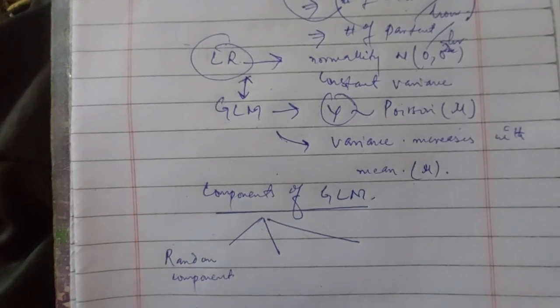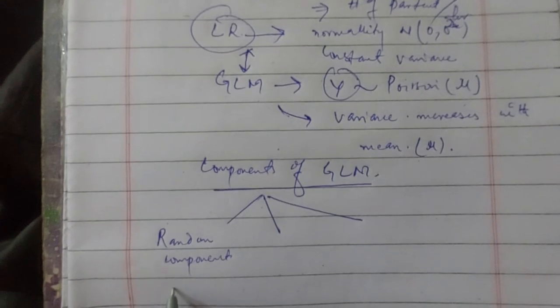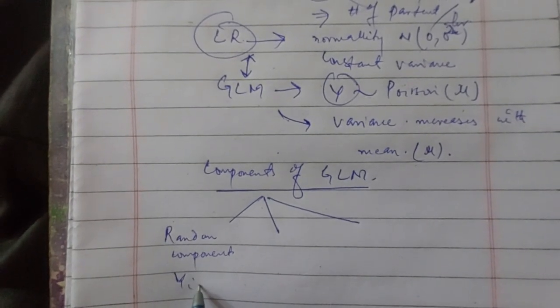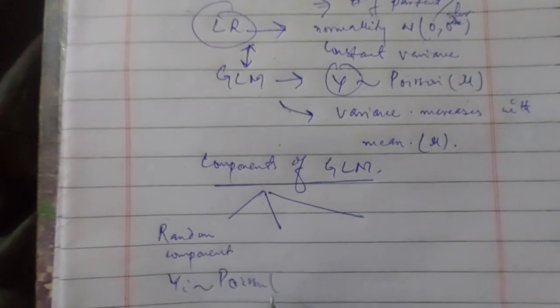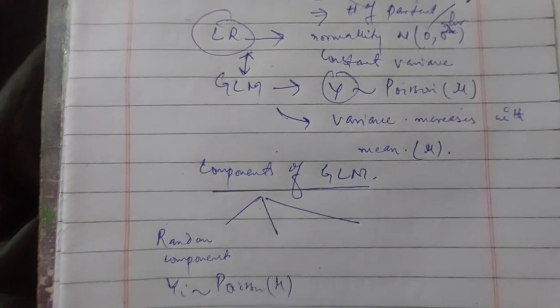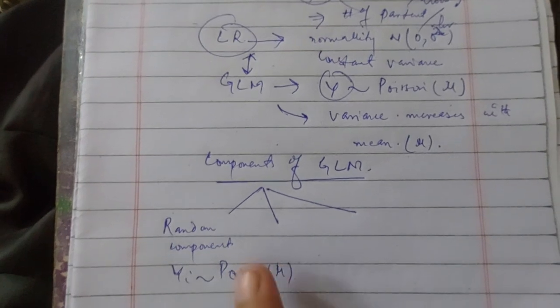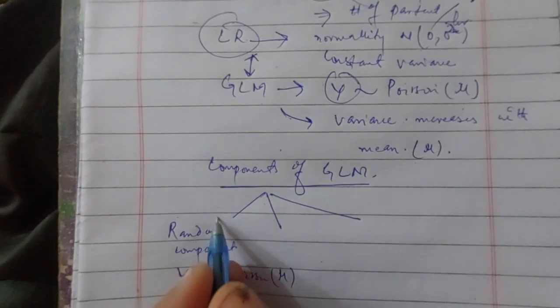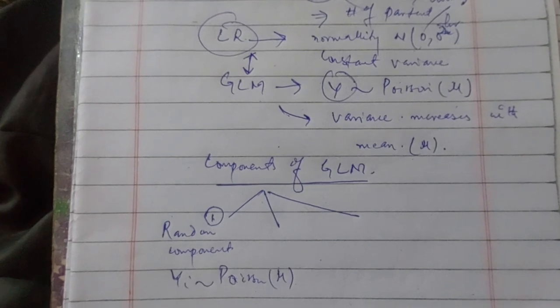By random component we mean the response variable yi, which follows the Poisson distribution with a mean mu. So this is the very first component of the GLM, the random component or variable.